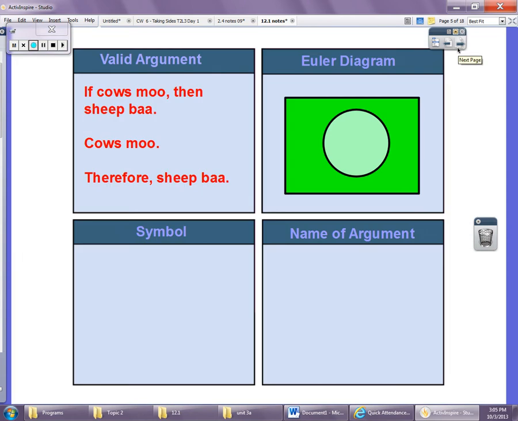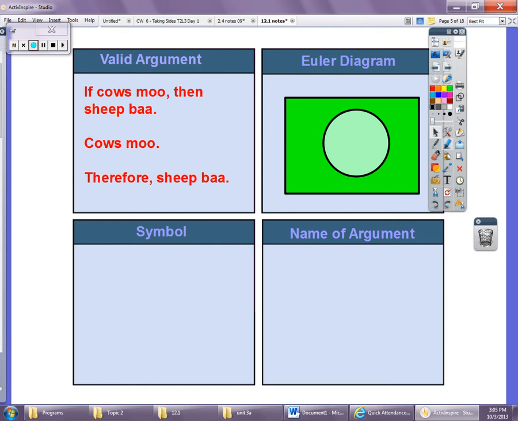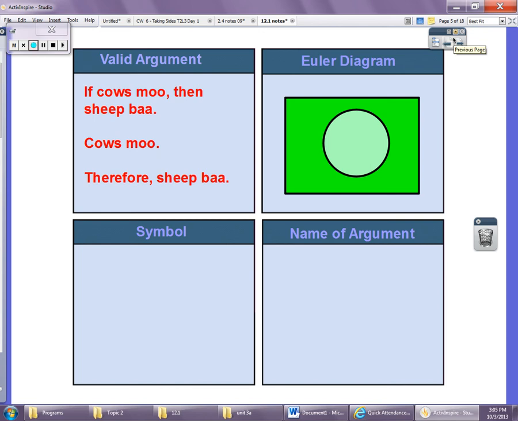If cows moo, then sheep baa. Well, cows moo, therefore sheep baa. Well, with our Euler diagram, we know that the if part, which is if cows moo, so we know that cows moo, then sheep baa.